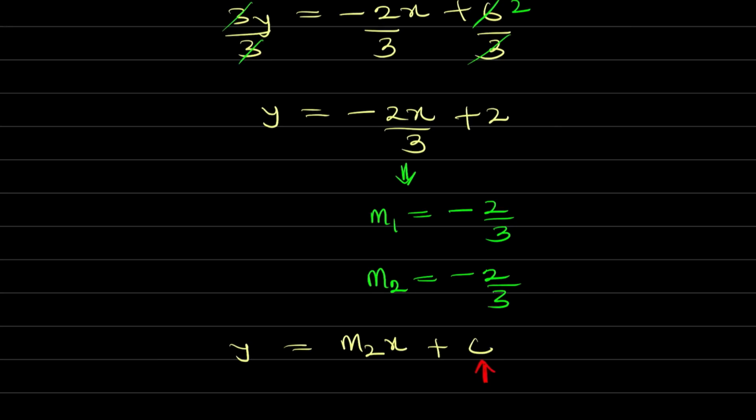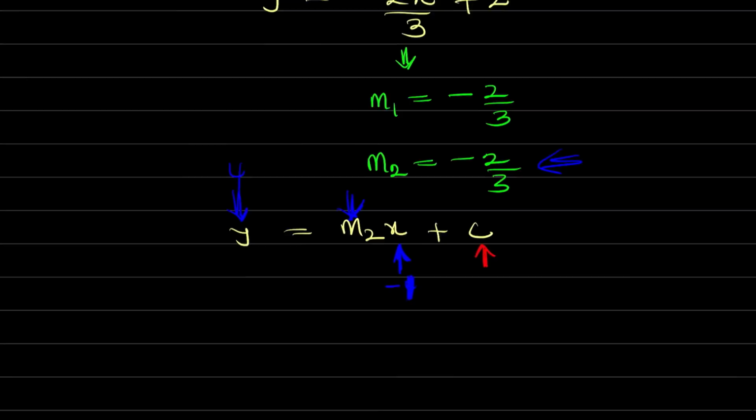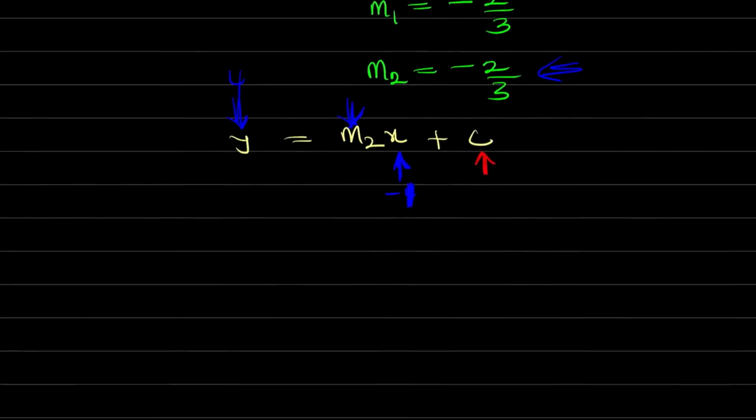For instance, we now have our m2, which will substitute right into here, and then the coordinate that was given, x is minus 1, we'll substitute that into here, and y is 4. So we substitute 4 right here. So let's quickly do that to get our corresponding value for c.